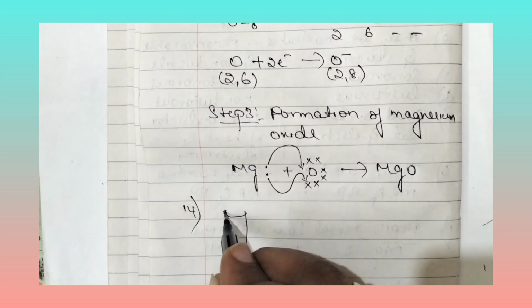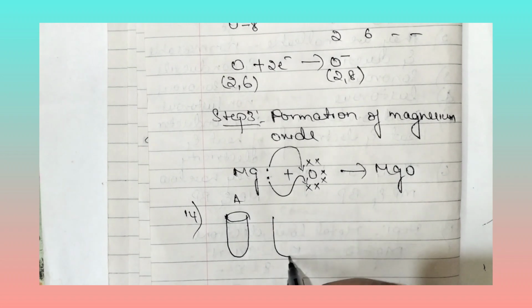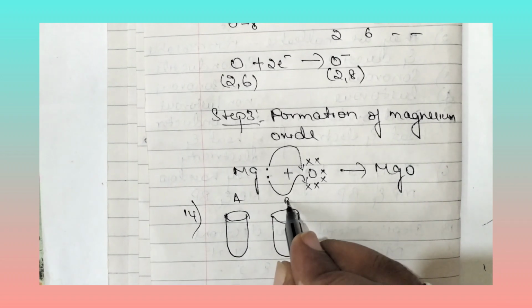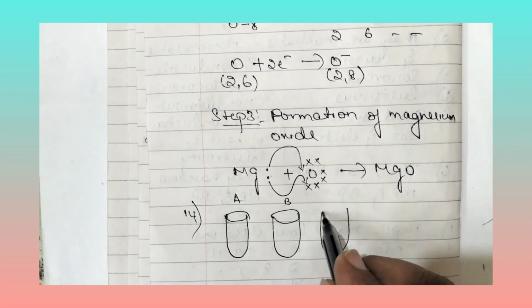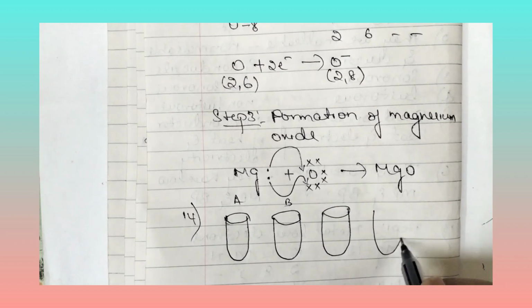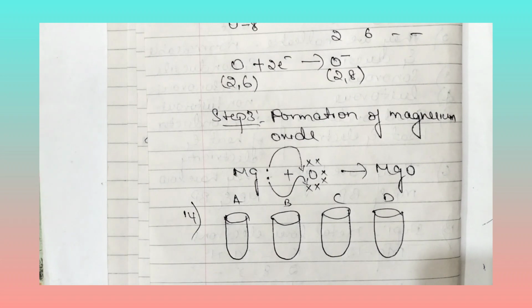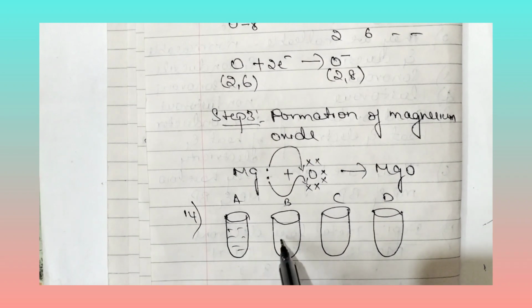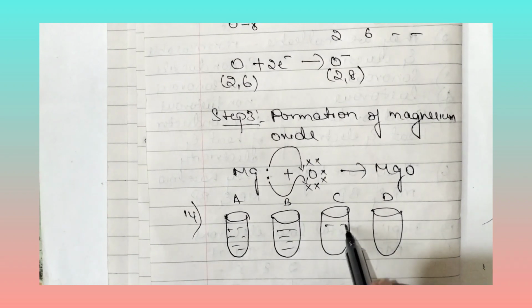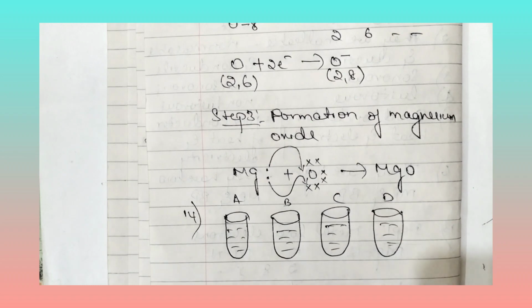This is test tube A, this is test tube B, this is test tube C, and this is test tube D. So there are 4 test tubes in total. In each test tube we have taken the same quantity of ferrous sulfate.